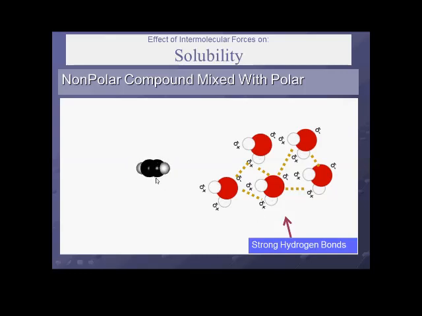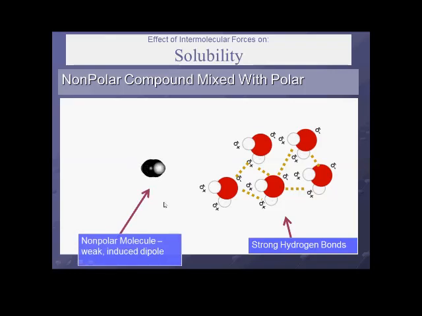On the other hand, we have our nonpolar ethylene, and since it's nonpolar, it is attracted to the water molecules, but it's a very weak attraction. It's just dispersion forces or maybe some induced dipole forces. So when it comes and tries to attract to the water molecules, they're so strongly attracted to each other that it doesn't let them in.